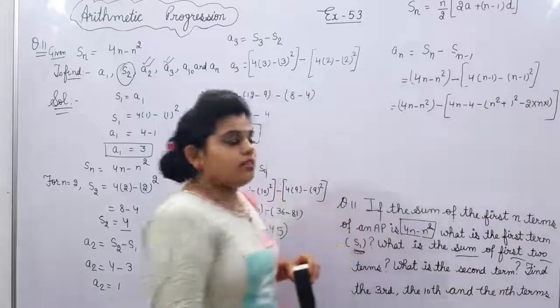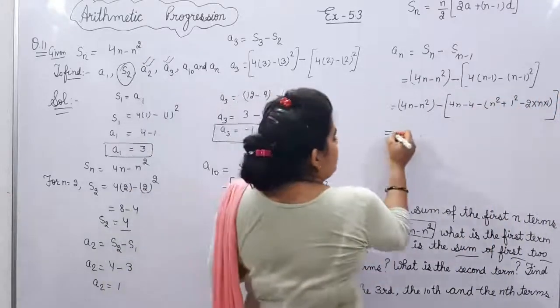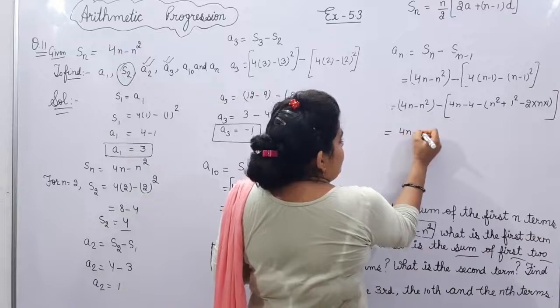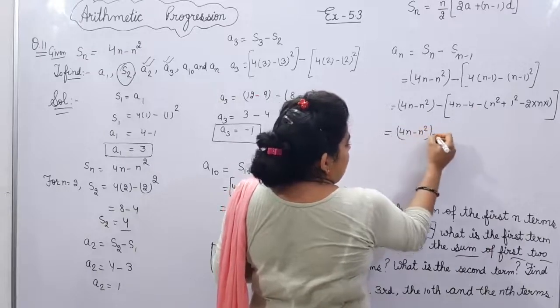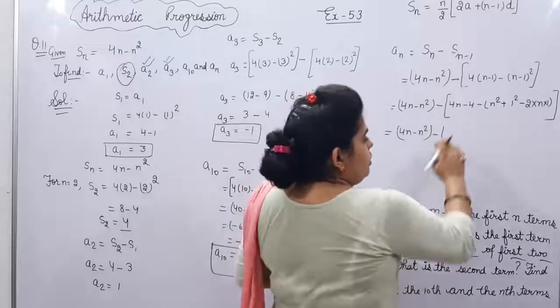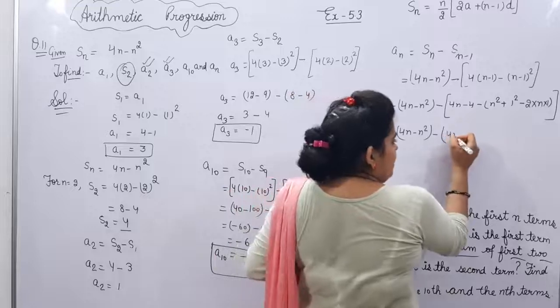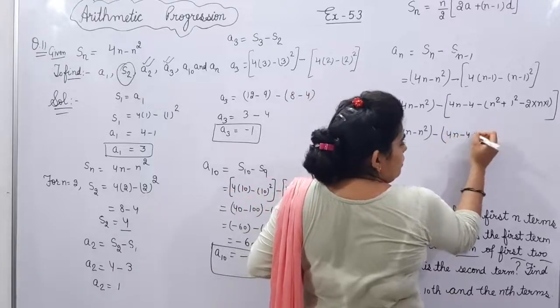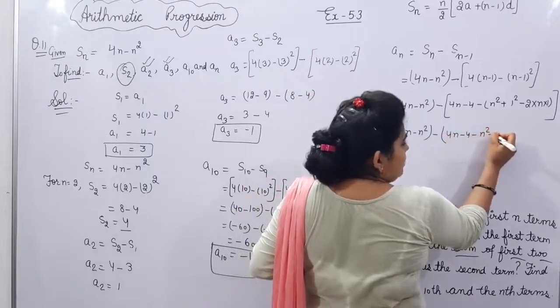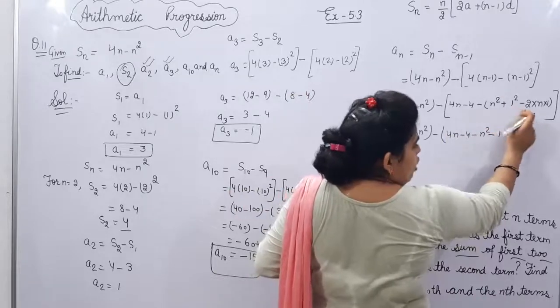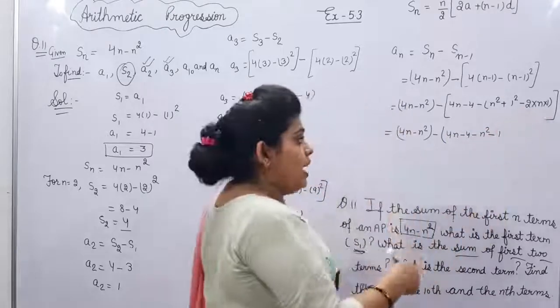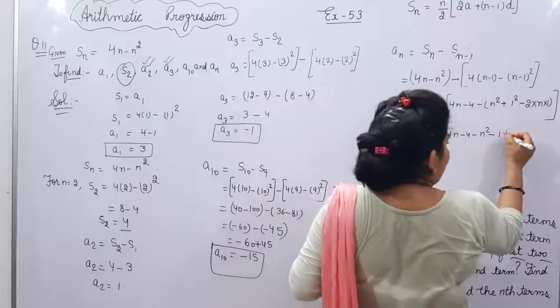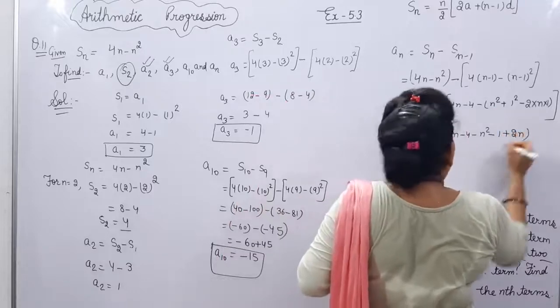Now after this 4n minus n square minus, we will solve this: 4n minus 4 minus n square minus 1 square is 1. Now from here we will get minus 2n, and 1 minus is there, then it will become plus 2n.